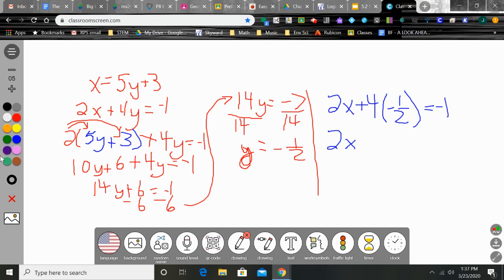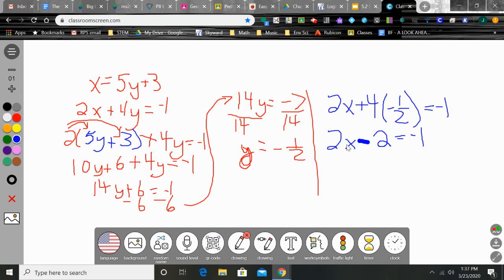I know it's going to be plus, but it's going to be plus a negative. So plus a negative, we know that it's just going to be a minus. So 4 times negative 1/2 is negative 2. Okay. So 2x minus 2 equals negative 1.